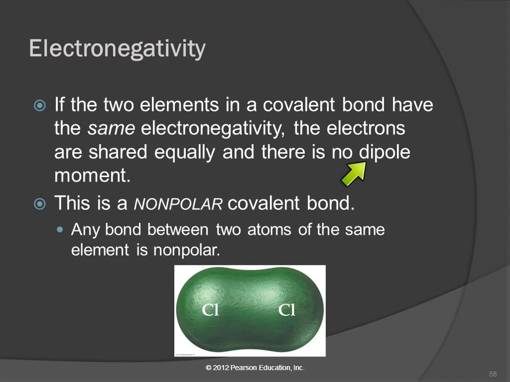There's no dipole moment. And so we call that a non-polar bond, non-polar covalent bond. Anytime you have two identical elements, like chlorine and chlorine, obviously, the difference in polarity will be zero, and so they're going to be a non-polar bond. You may need to refer to that chart showing the actual electronegativity values for some of the homework problems. We won't be using that for an exam.